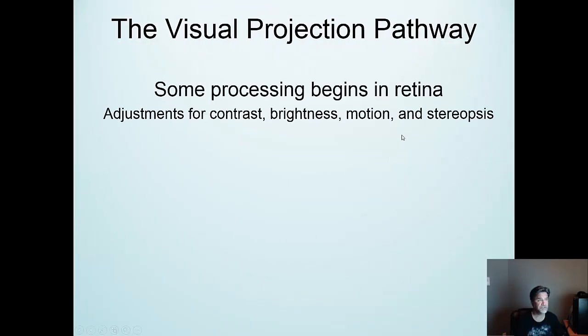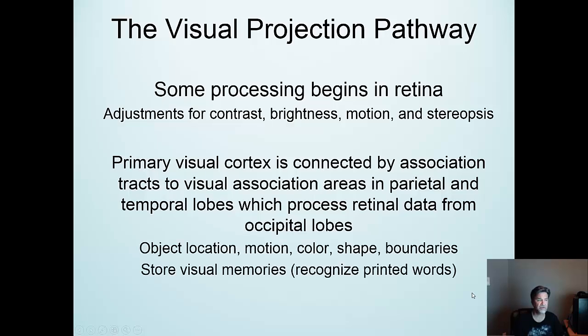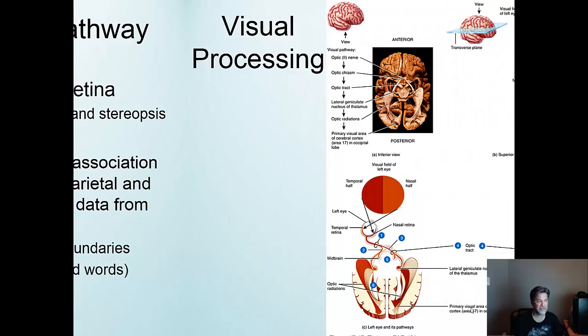So we know that some visual processing begins in the retina, where we have some adjustments for different aspects of the visual information, but then it's the primary visual cortex that's going to receive the data and send that data forward to be processed in other regions of the brain. And lots of things are going to be detected here.